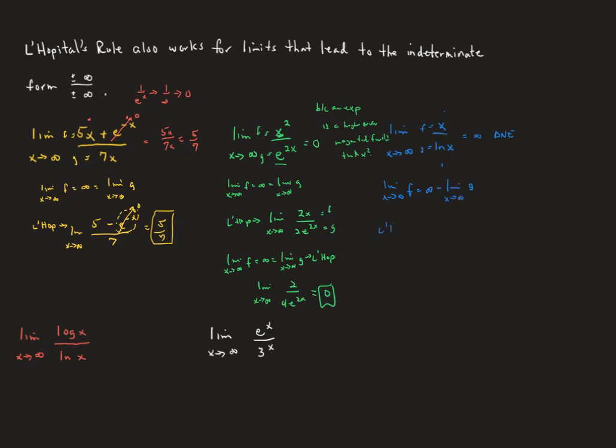So we can use L'Hopital, and we'll get the limit as x goes to infinity of, the derivative of x is 1, and the derivative of natural log x is 1 over x, which, if you simplify, is going to be 1 times x, which is going to be x, which is going to go to infinity, so the limit does not exist, using L'Hopital's rule.